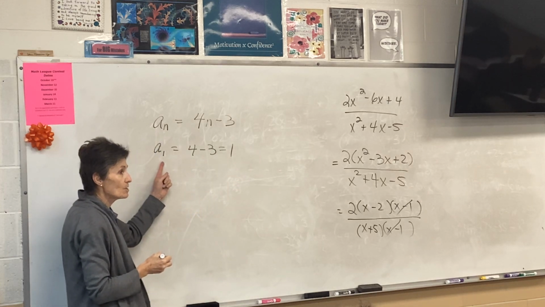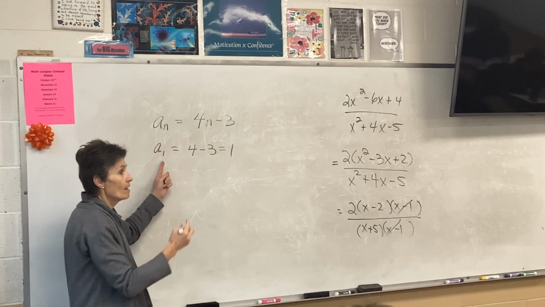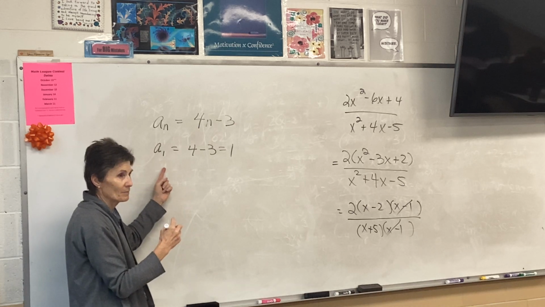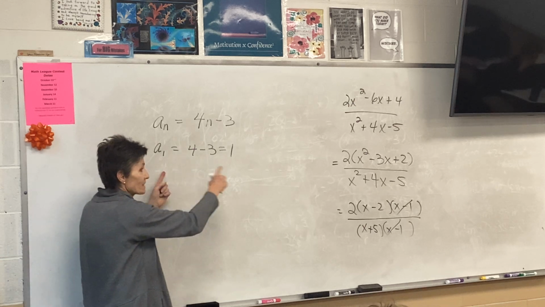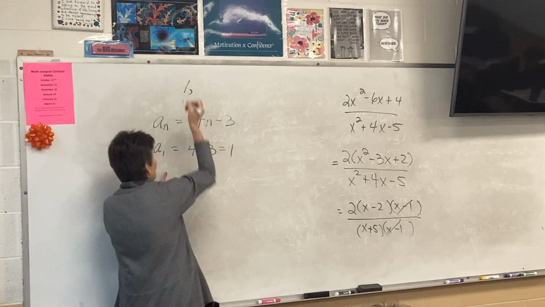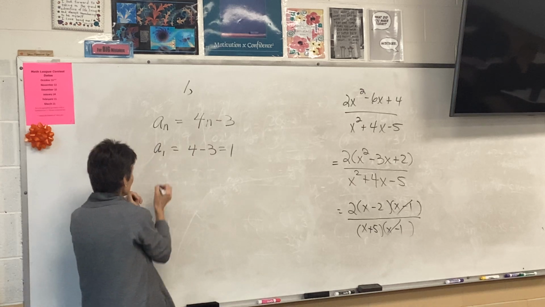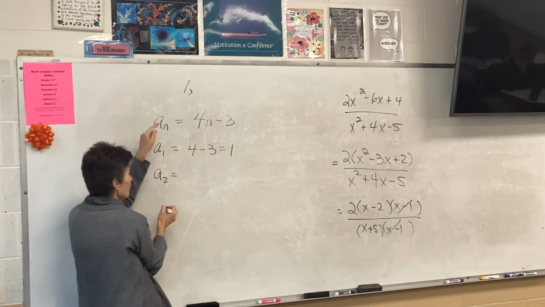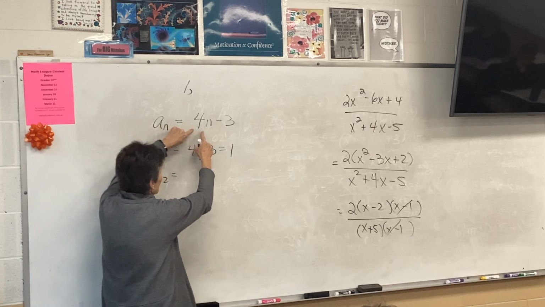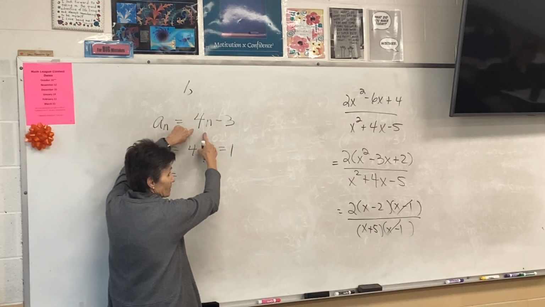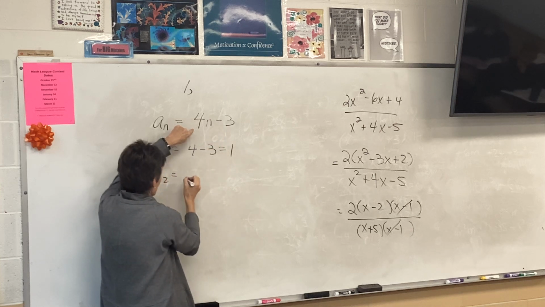This is notation. This means the first term. So the first term is 1. What's the second term? Well, what does your formula say? The second term is 8 minus 3, 5.